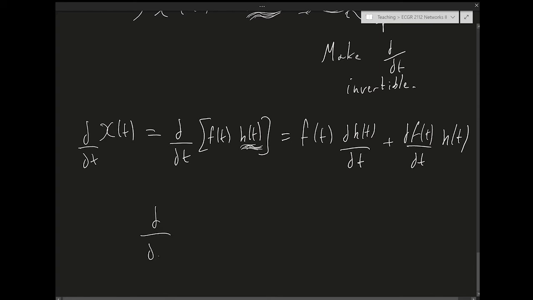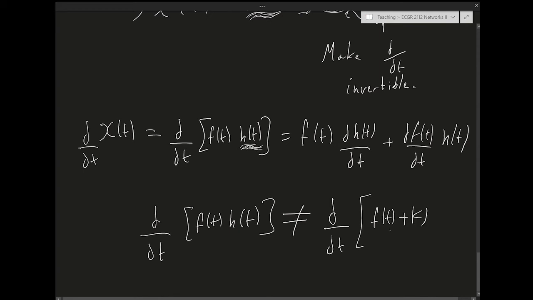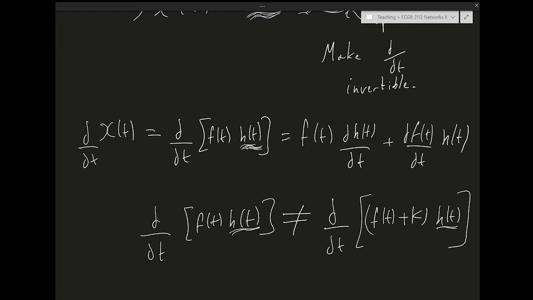Because d by dt of f of t h of t is clearly not equal to d by dt of f of t plus k, where k is a constant, times h of t. Having this special h of t multiply the function makes all the difference, because when I introduce a constant shift k to the function, I still have h of t to contend with, and this ensures that f of t and f of t plus k give different results.